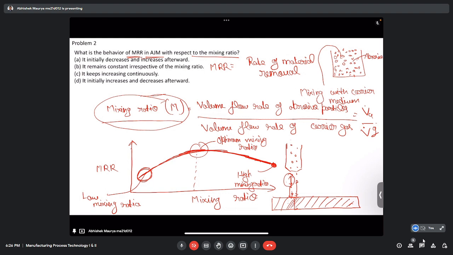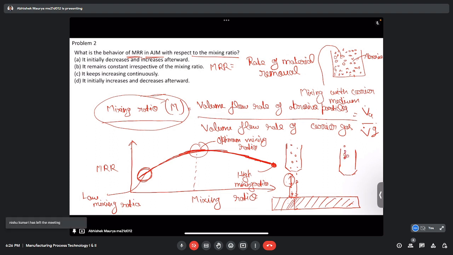Now let's talk about what will be happening in the case of high mixing ratio. So again, we have the nozzle and we have the workpiece, and in high mixing ratio, what will be happening?